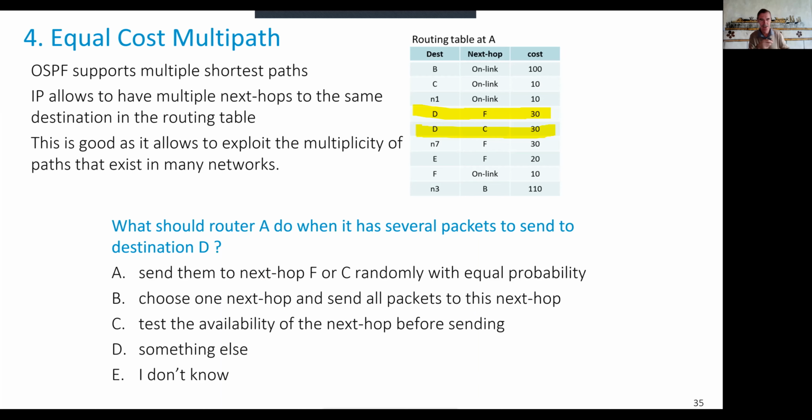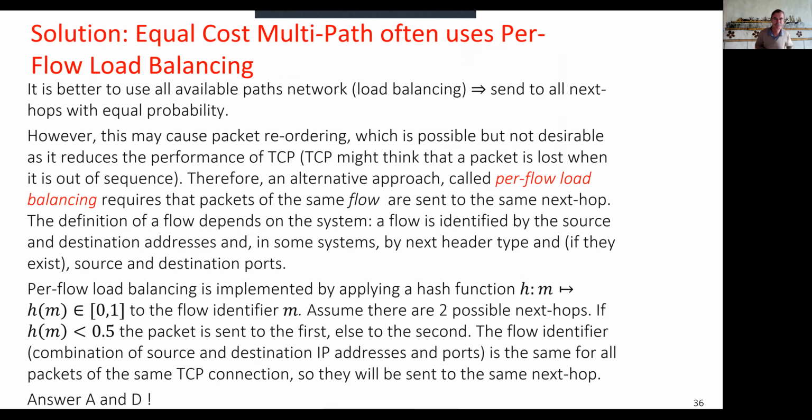And the majority says A, which is probably what makes sense, with a small issue still. Yes, we want to send to different paths to exploit the capacity of the network as much as possible. But if you remember TCP, a lot of the traffic on the internet is TCP.